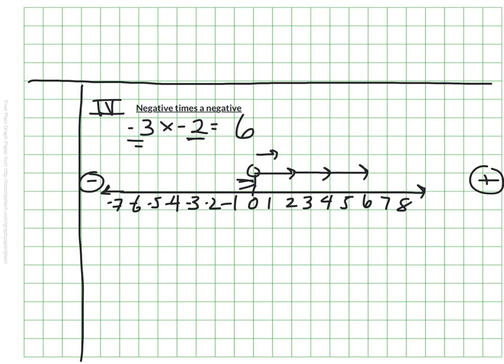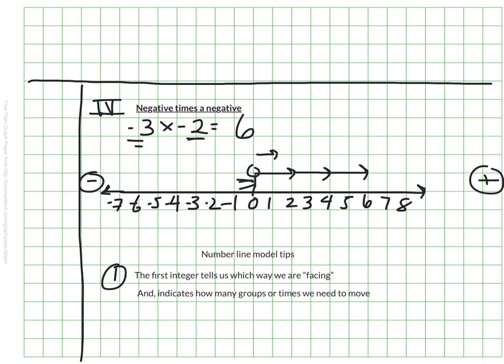So let's think about what we need to have as our steps that we need to remember. The first is that the first integer tells us which way we are facing. It also tells us how many times we move down the number line, how many jumps or hops we make up or down the number line.